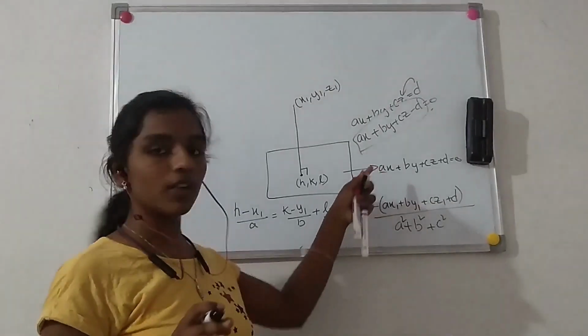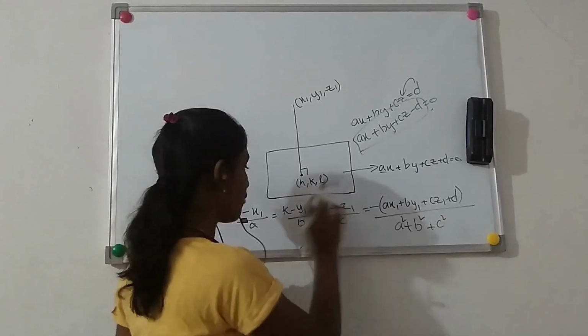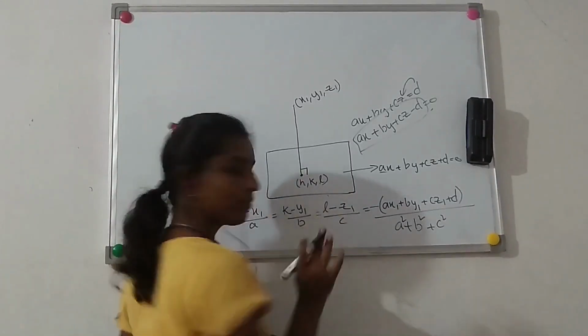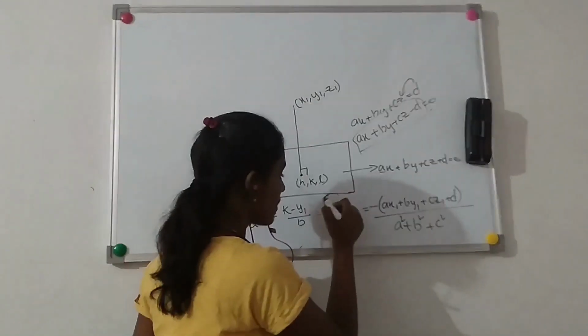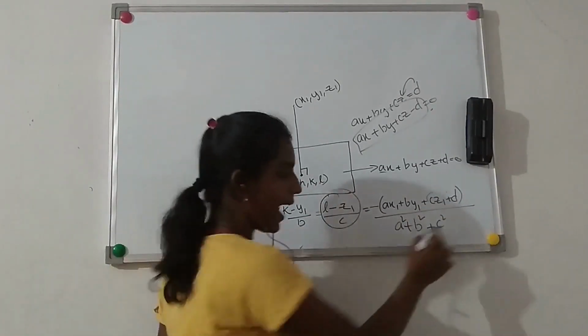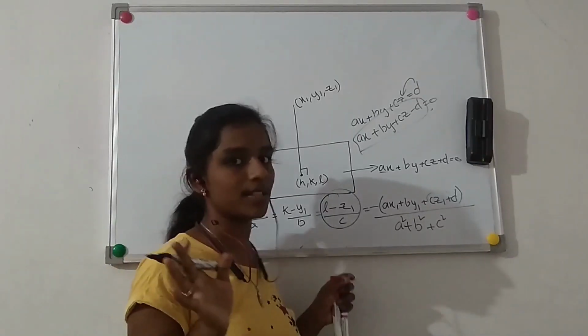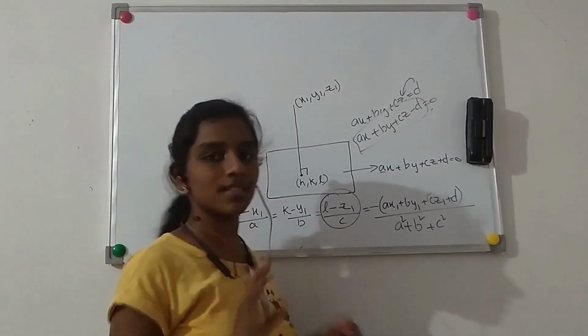So this is the formula for the foot of the perpendicular. Everything is the same as in 2D geometry, but these extra terms, only the z coefficients, are added, that's it. Remaining everything, the formula is the same.